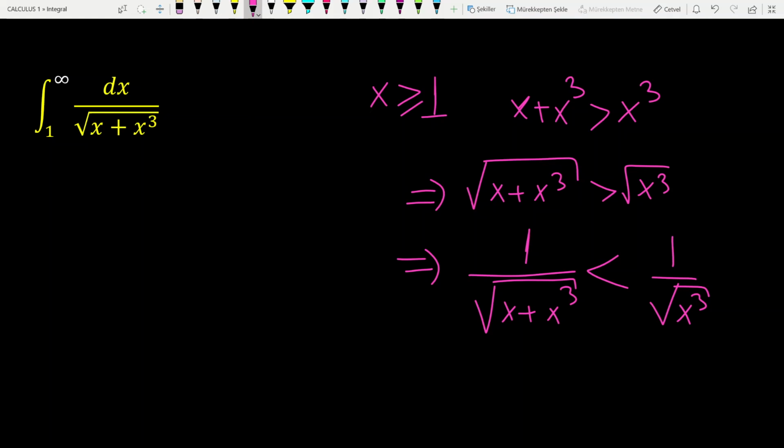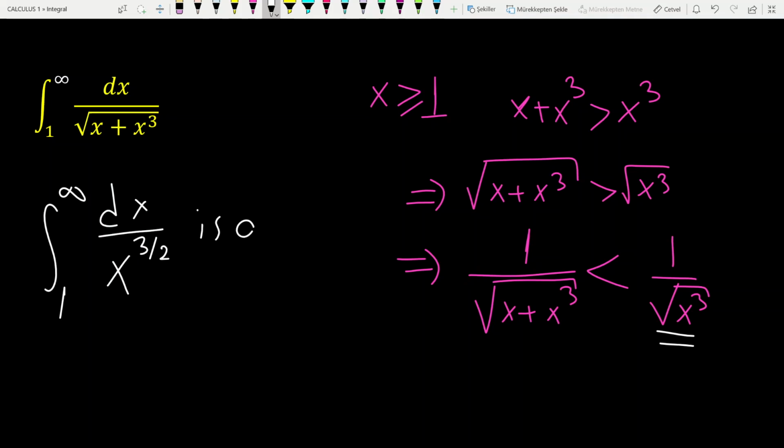We have this inequality, and we know this is very important: the integral from 1 to infinity of dx over x to the power 3 over 2 is a convergent improper integral, since the power p, which is 3 over 2, is greater than 1.